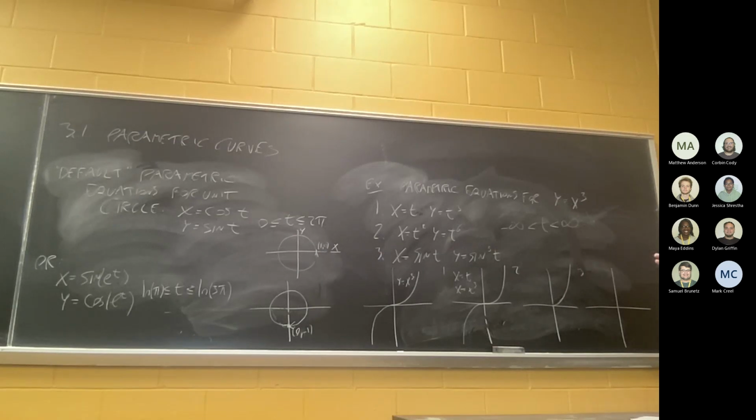Yeah, x is limited to that. And y is x cubed, so we're only going to get this portion of the curve, for x and y values between -1 and 1.